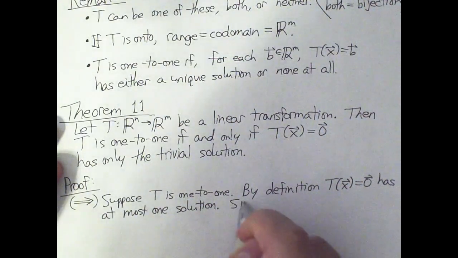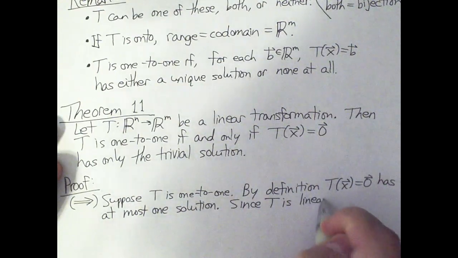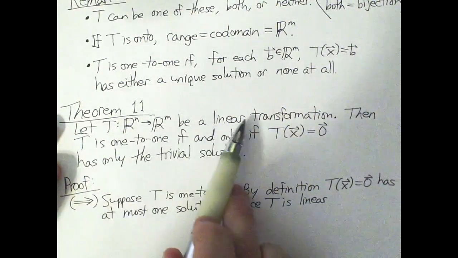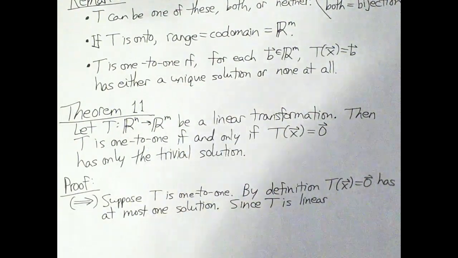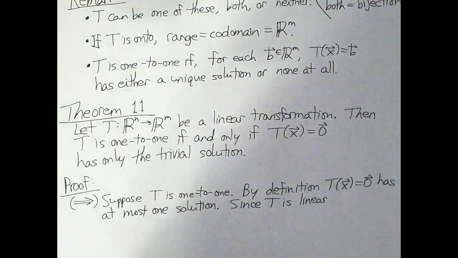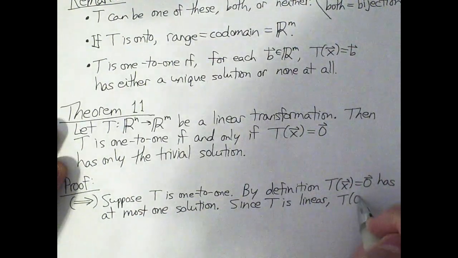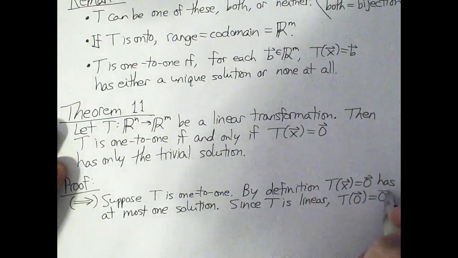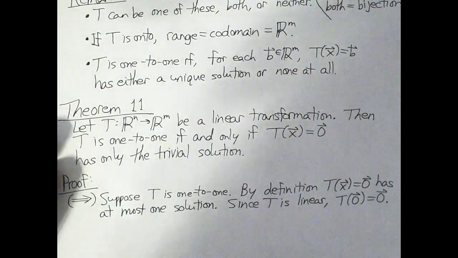Then, since T is linear, and the fact that T is linear seems like it's going to be important, whenever we have a theorem about linear transformations, we can use everything we know about linear transformations. We know that T of the 0 vector equals the 0 vector. Every linear transformation has this property. It sends 0 to 0.